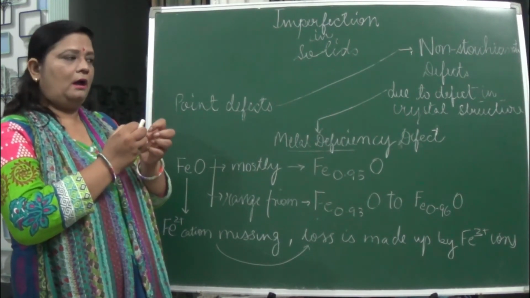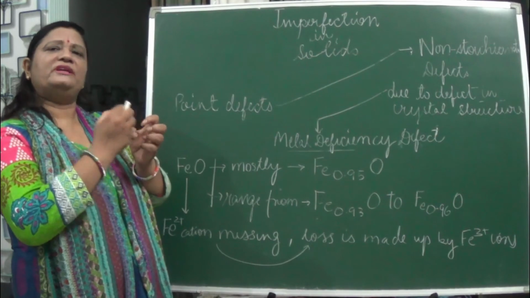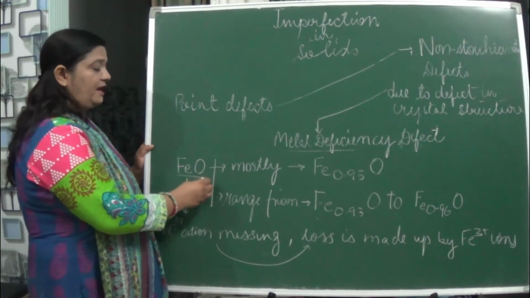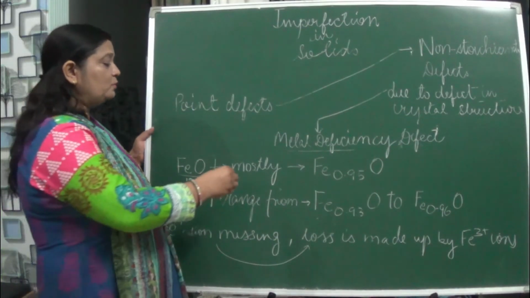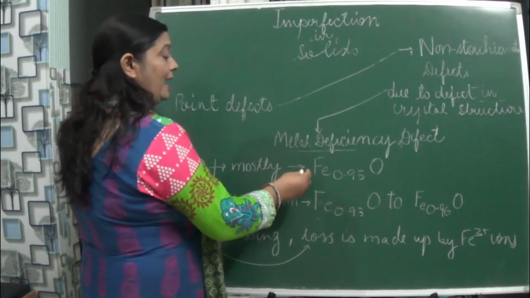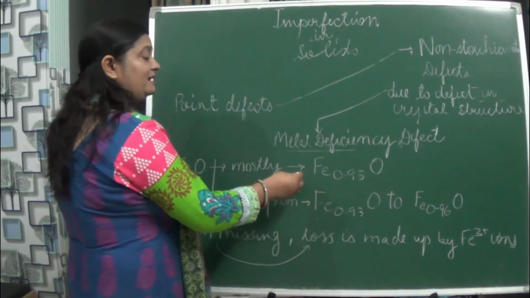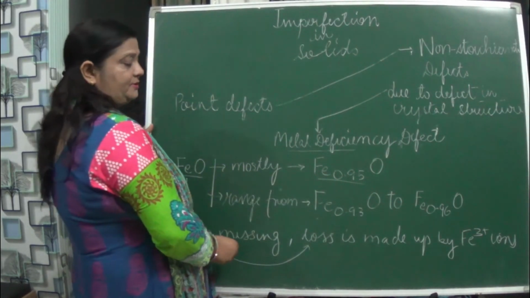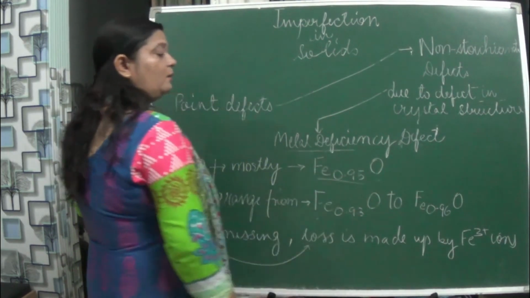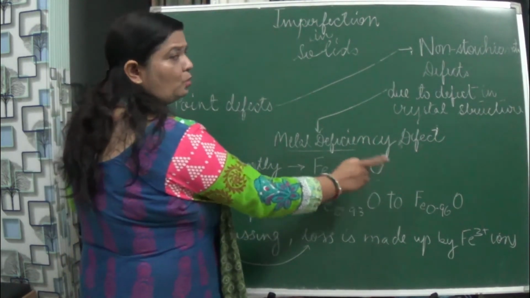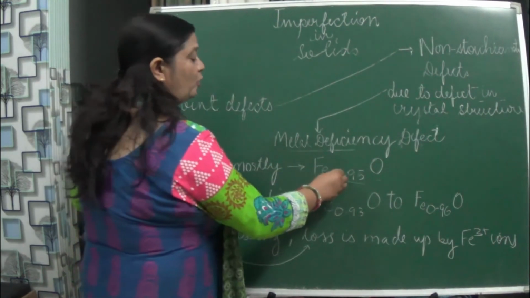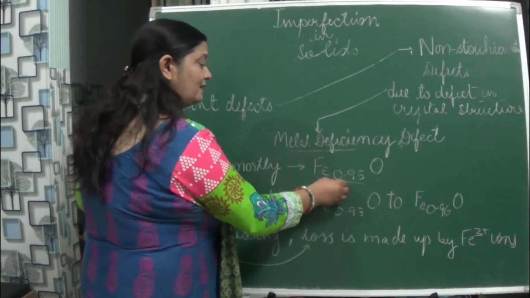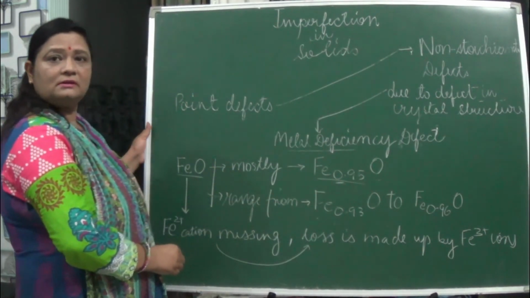For example, iron oxide is mostly found as FeO, we know that, but here Fe is only 0.95, and oxygen is 1. It should be 1:1, isn't it? But here it is 0.95:1. So here there is a deficiency of this metal.